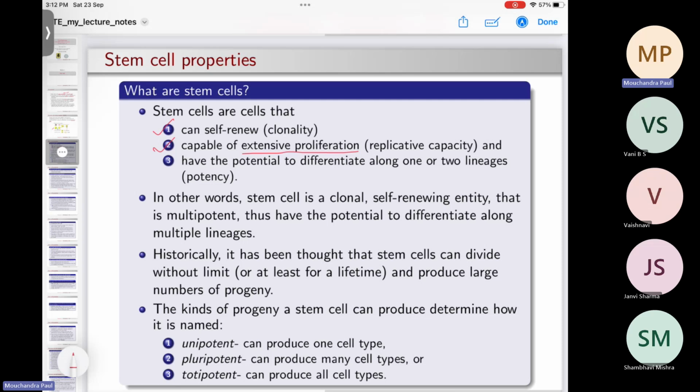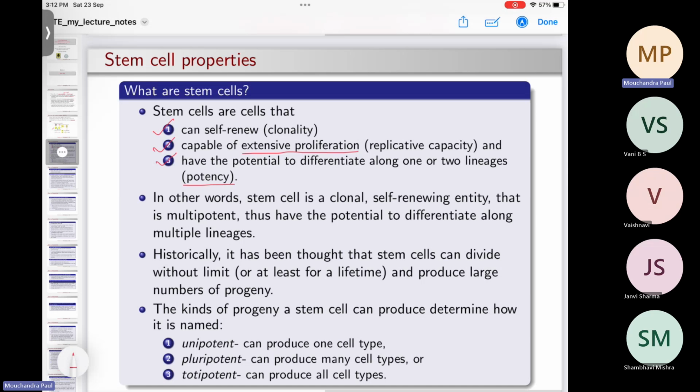And each of these cells has the potential to differentiate along one or more lineages. This property is called potency. So it can differentiate along one lineage, means it can only differentiate to give say bone cells, or it can differentiate and give multiple types of differentiated cells like muscle cells or cartilage cells.